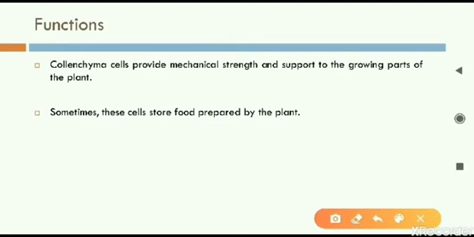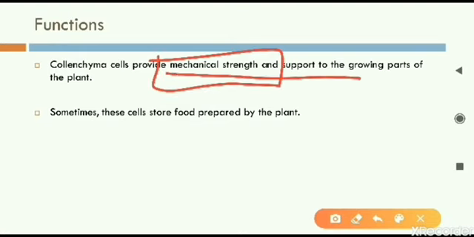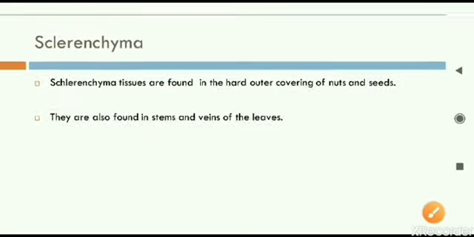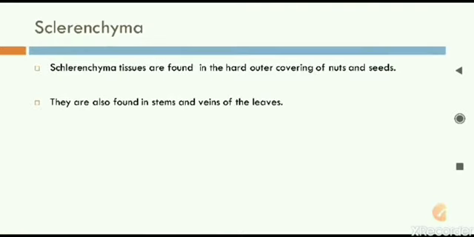The function of collenchyma is that they provide mechanical strength. They make the plant body strong so that the plant can stand straight upright. Sometimes these cells also prepare food. Now the third type of the simple permanent tissue is sclerenchyma.